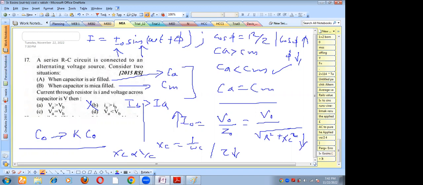But here, if we see current across the RC circuit, that is I naught sine omega t plus phi. Here phi is decreasing, cos phi is increasing.